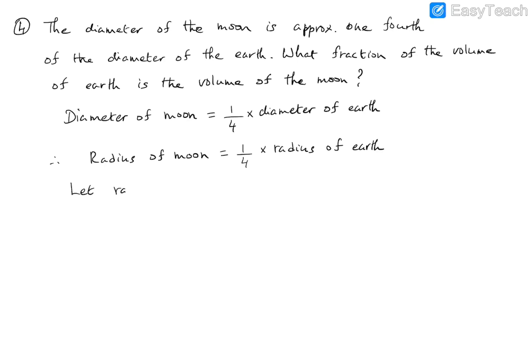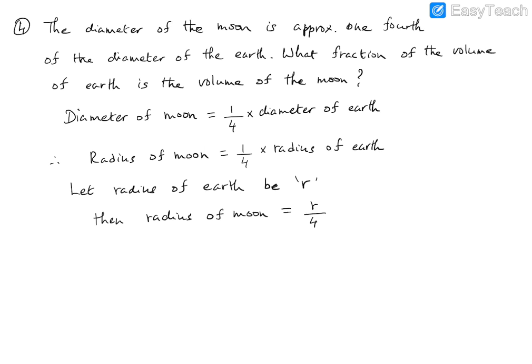Then the radius of moon will be r by 4, because the diameter of the moon is 1/4 of the diameter of earth, and therefore the radius of the moon is 1/4 of the radius of earth. So if the radius of earth is r units, then the radius of moon will be 1/4 of r, which is nothing but r over 4.